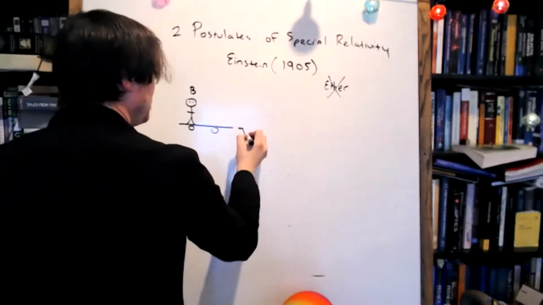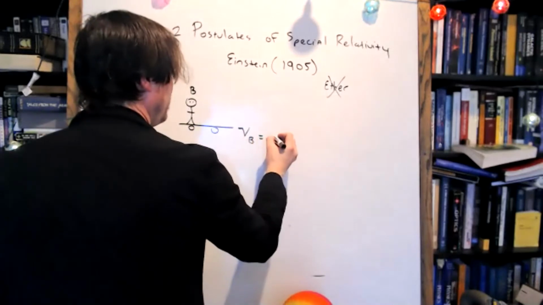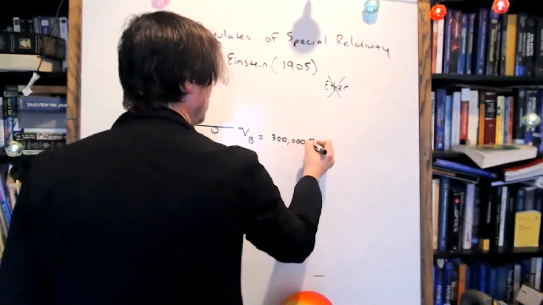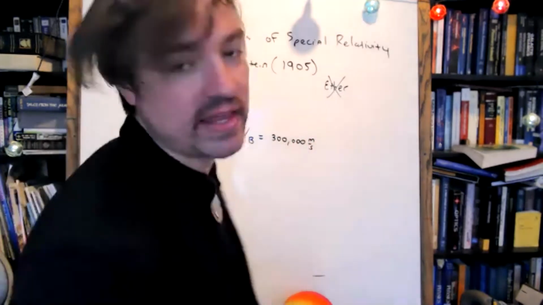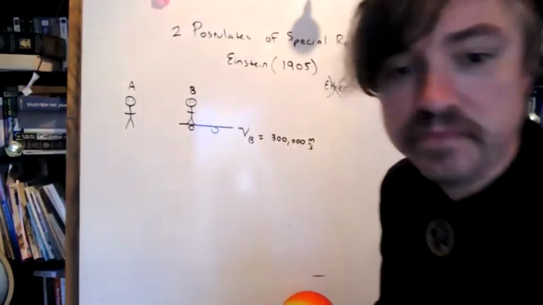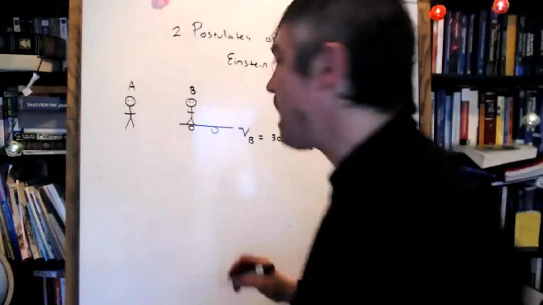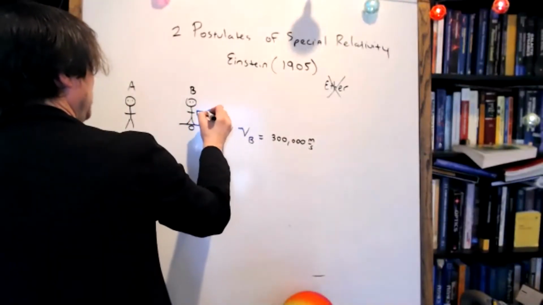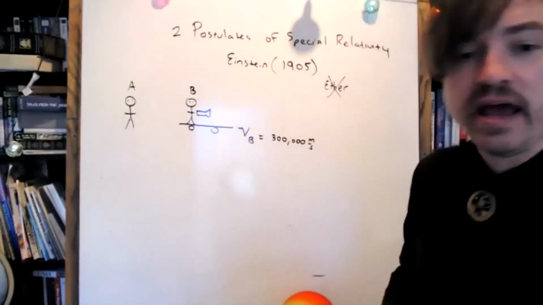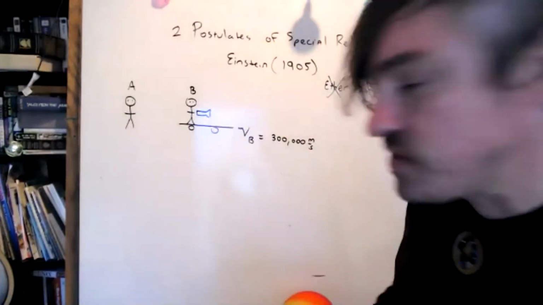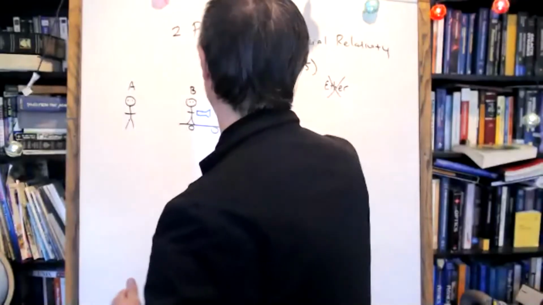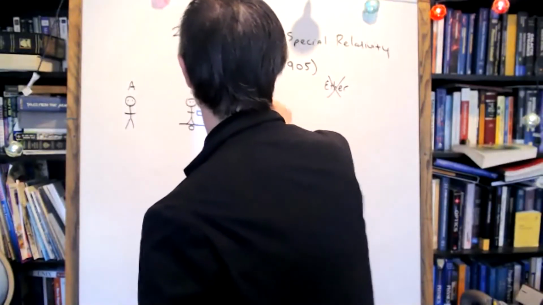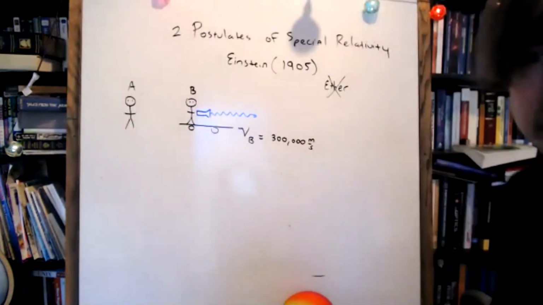And now I'm going to let the velocity of the skateboard ramp up to the speed of light, 300,000 meters per second. And now I'm going to put a flashlight or a laser beam into B's hand, and let B flip the switch and fire a blue laser pulse right out of the skateboard.